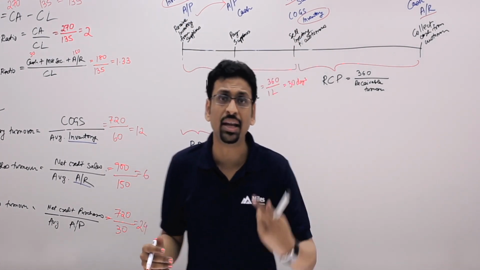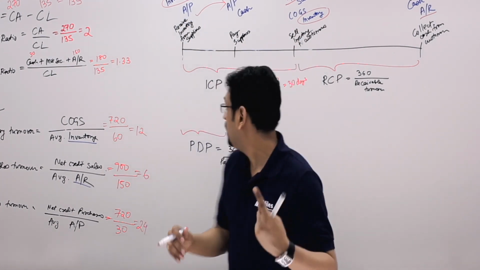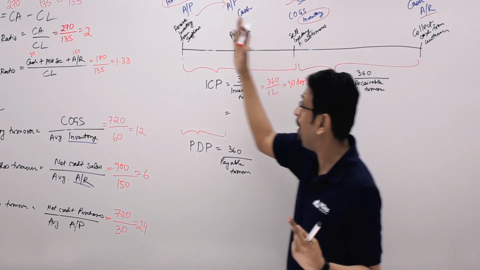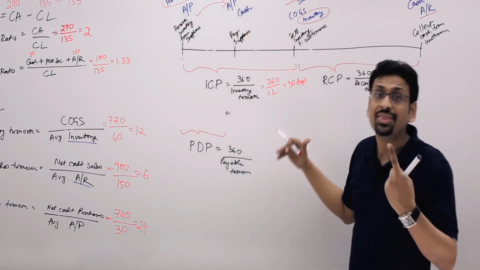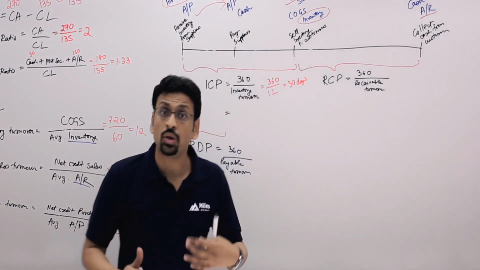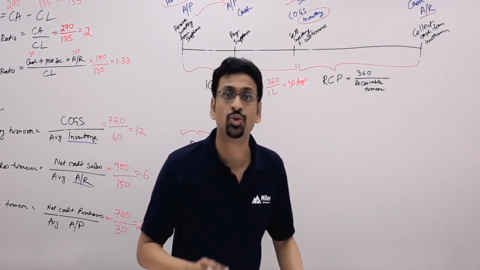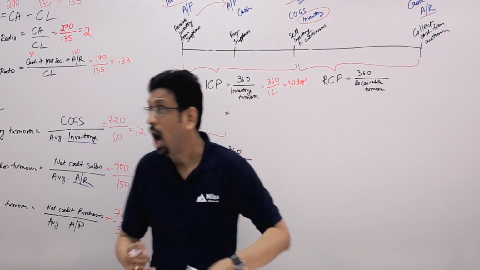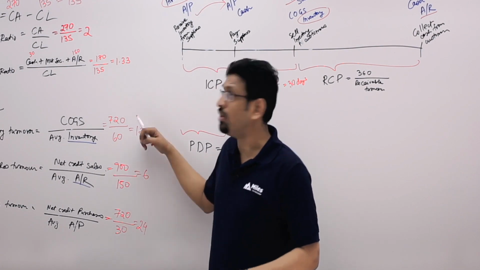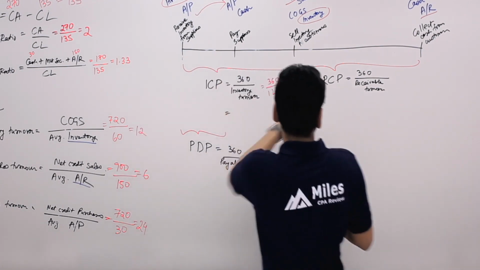Because it took me 30 days to do it once, that is the reason why I could turn over my inventory 12 times during the year. 30 days, I did it once. How many times would I do it in 360 days? 12 times. Same logic applies here.